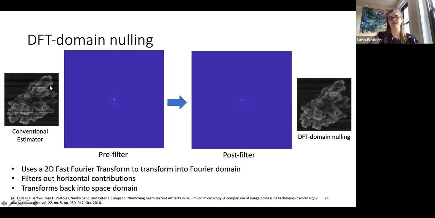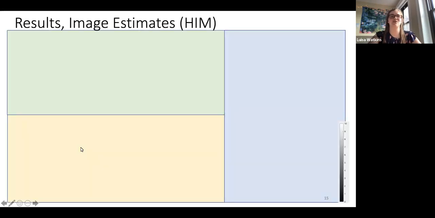So the idea here is it looks at this image and tries to take out the stripes. This, of course, is dependent on each image, and the issue with this is that if the stripes are actually part of the sample itself, this method could take out too many stripes. But this is the most commonly used method to deal with beam current variation. But now, again, we'll go into the results.